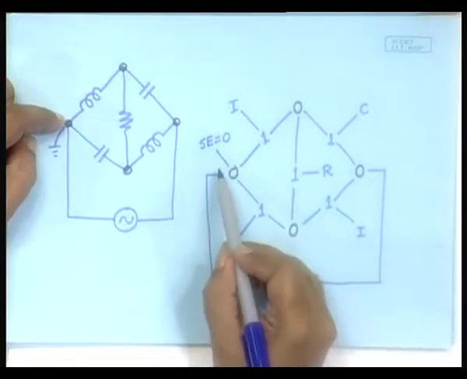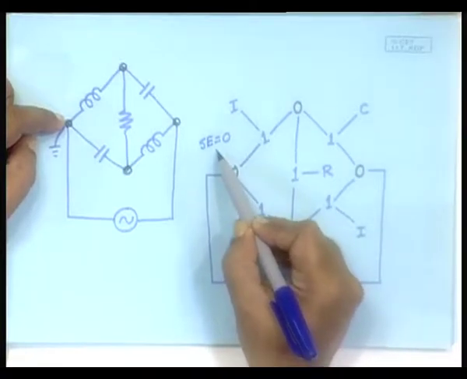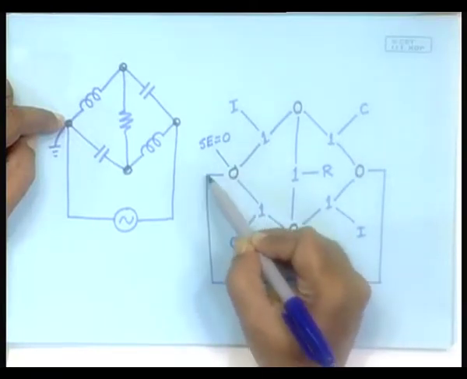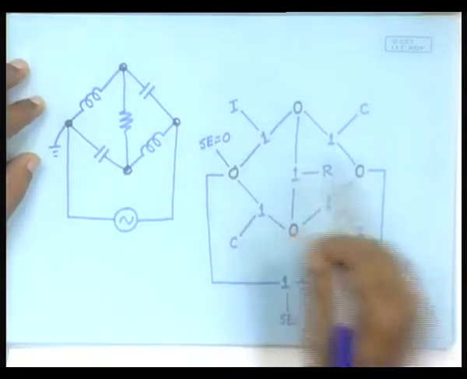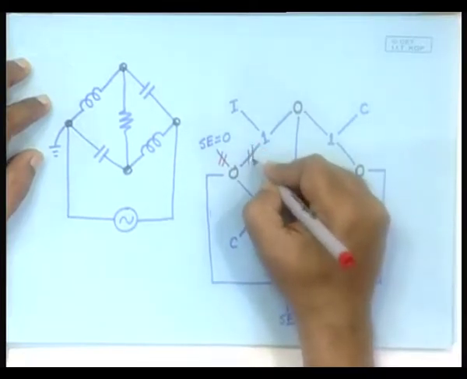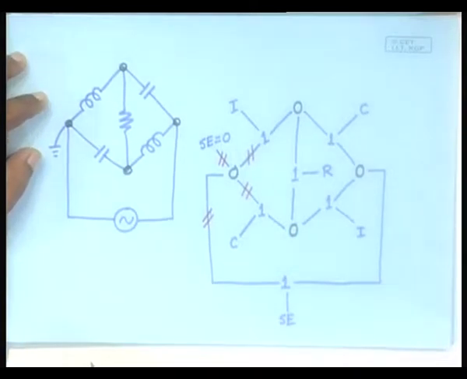This bond carries 0 power, because the effort is 0, and since this is a 0 junction, the same effort is equalized. So, all these bonds will carry 0 power, and therefore they would be unnecessary. So, this whole thing is unnecessary.